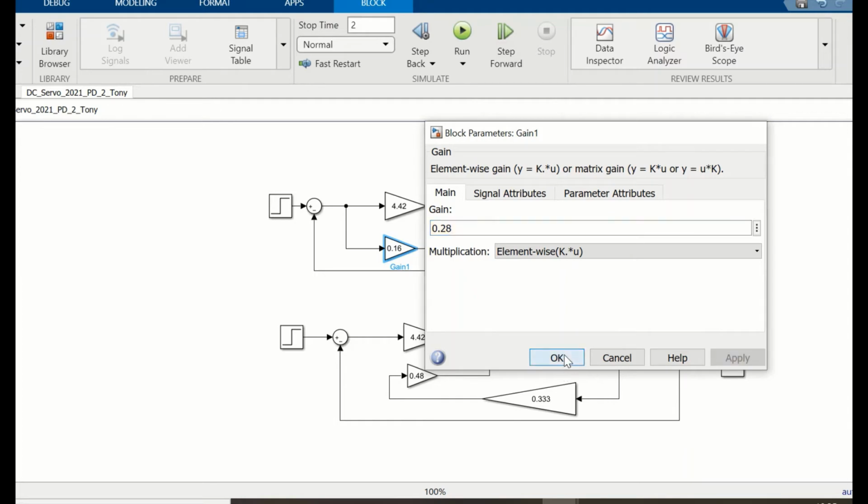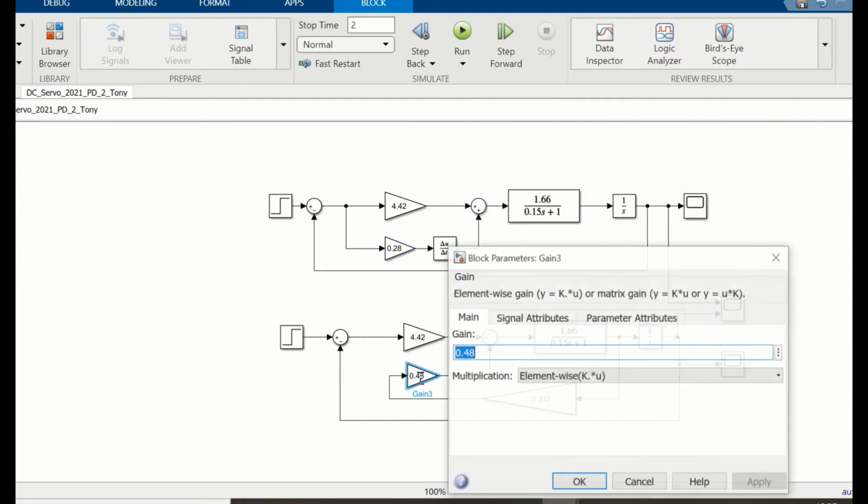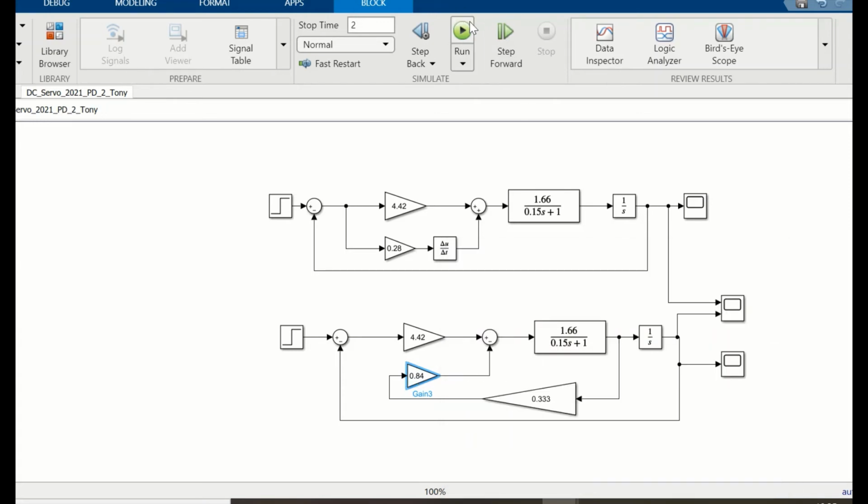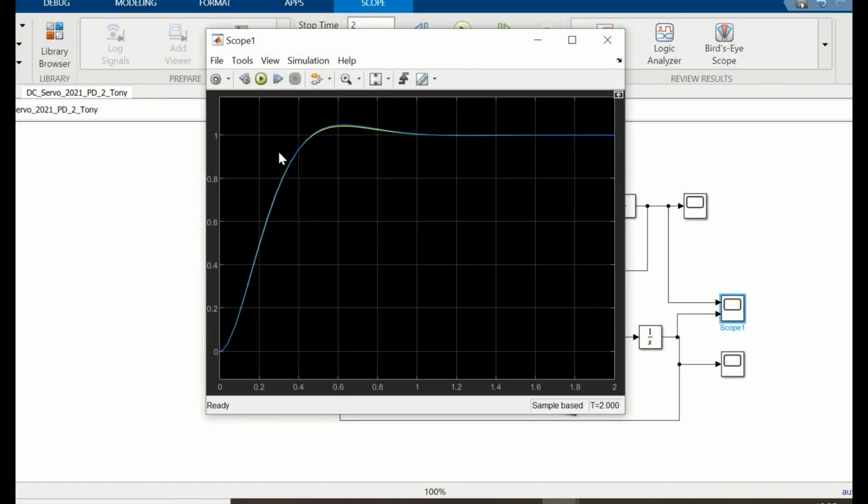And this one now to 0.84. And run this one. And this time, here's the response again. You can see this time we're going to get about 5% overshoot. So we get a reduced overshoot on this one.